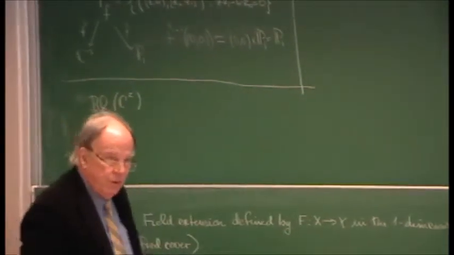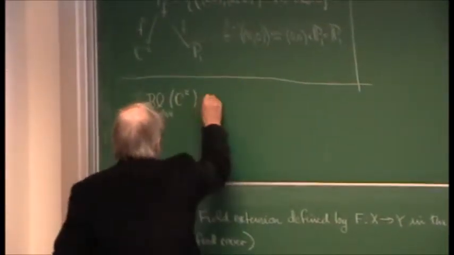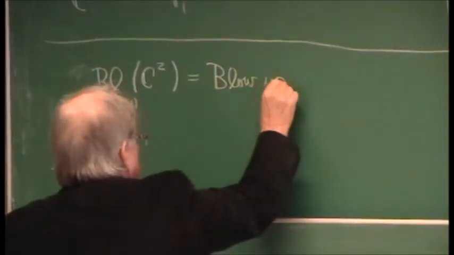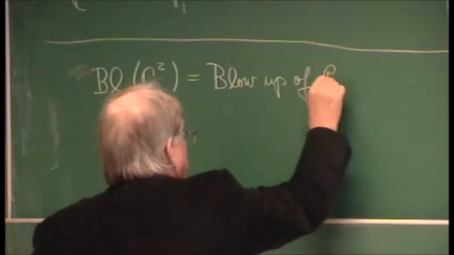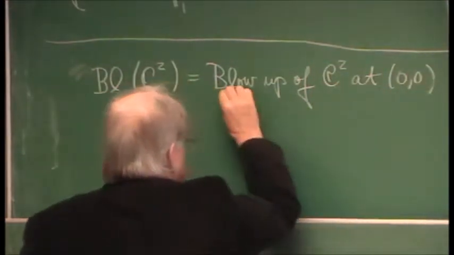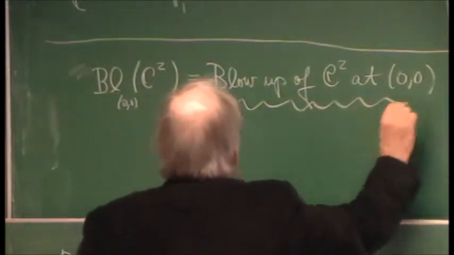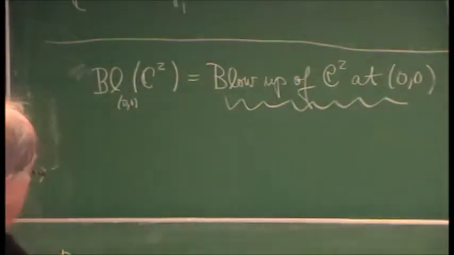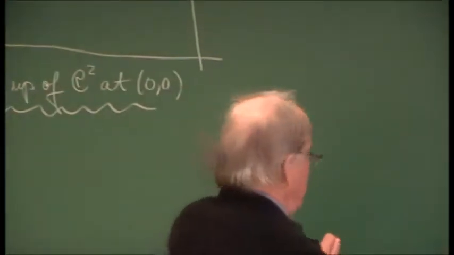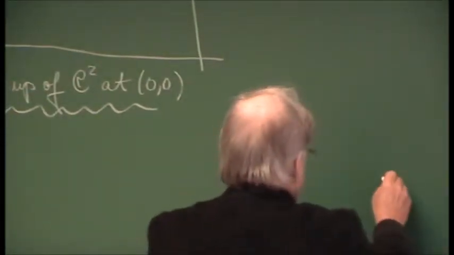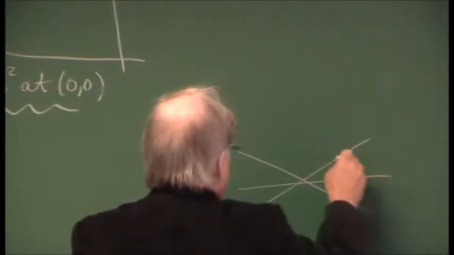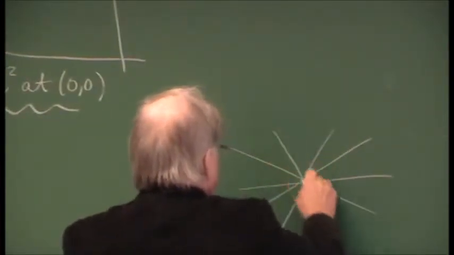The blow-up of C2 at the origin. C2 downstairs, so here's C2, and here are all these lines coming through here.